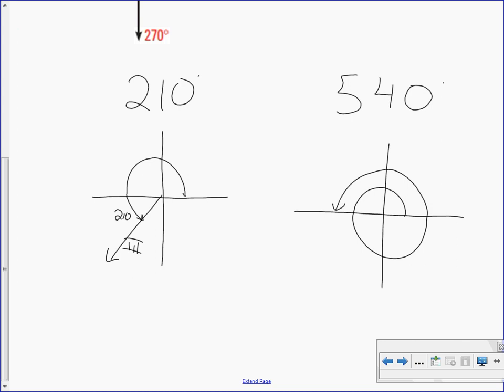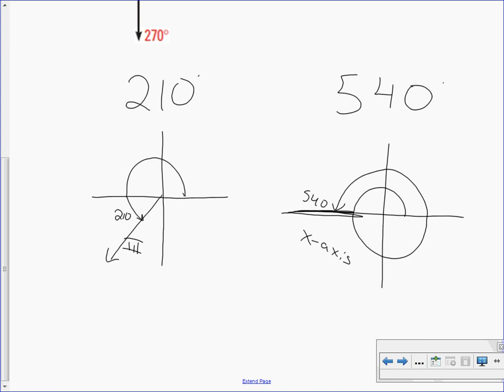Then that's 540, right? Is that on an axis or in a quadrant? No, it's not in a quadrant. It's on the x-axis. Remember, if it lands on an axis, it's not in a quadrant. It's just on the x-axis.